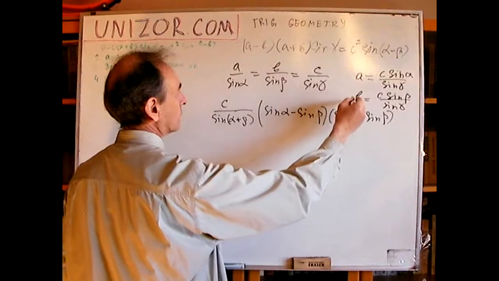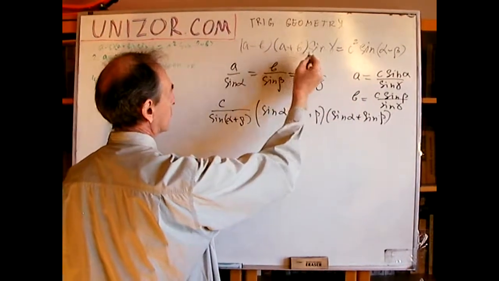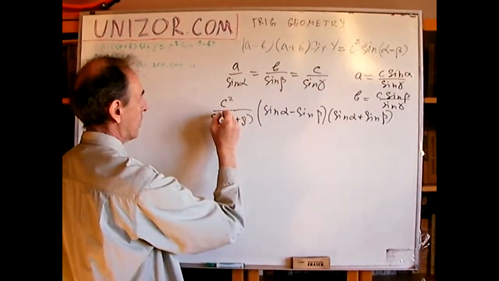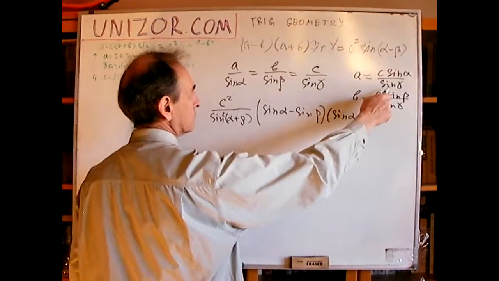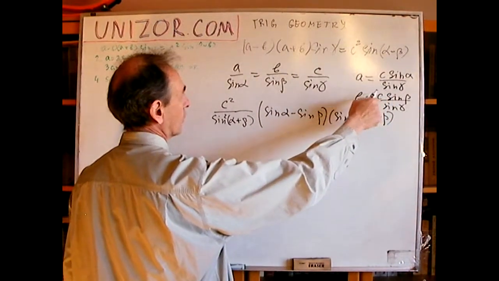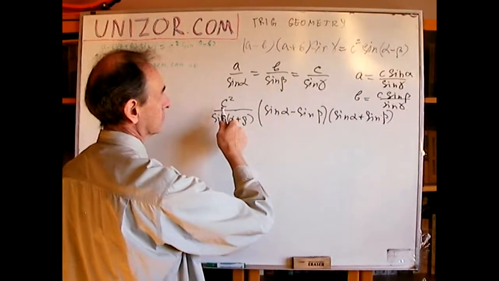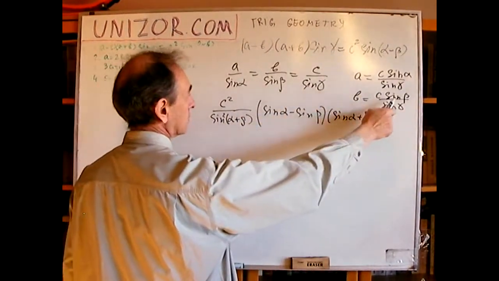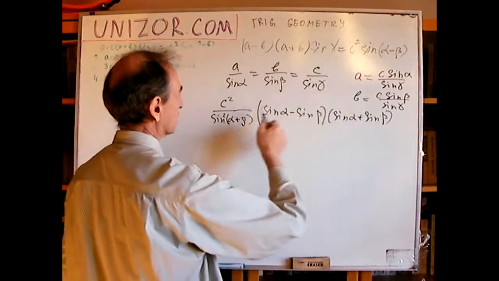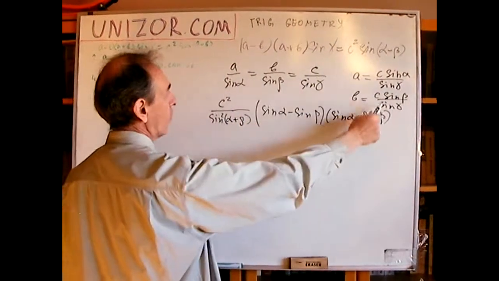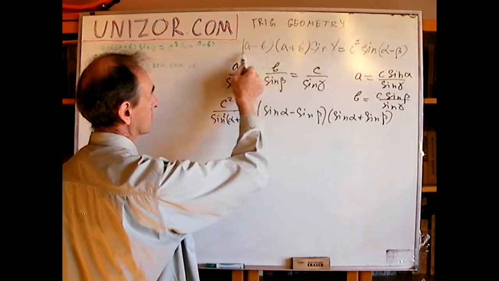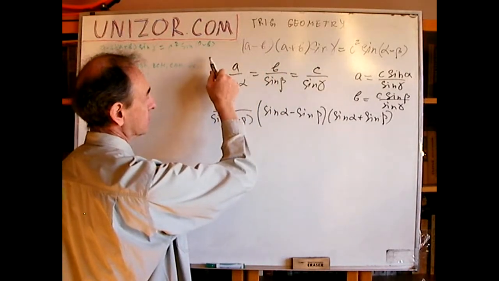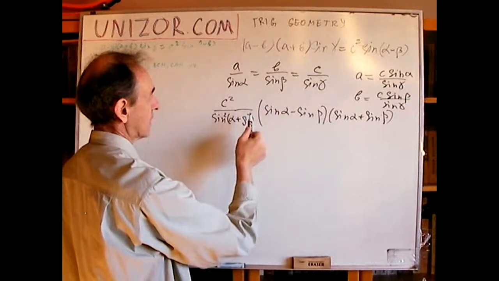Now, since I have a and b here, and a and b here, it would be square and it would be square, right? So c over sine of gamma would be from a, and c over sine of gamma would be from b, and these I take out of the parentheses, and these guys have exactly the same thing.